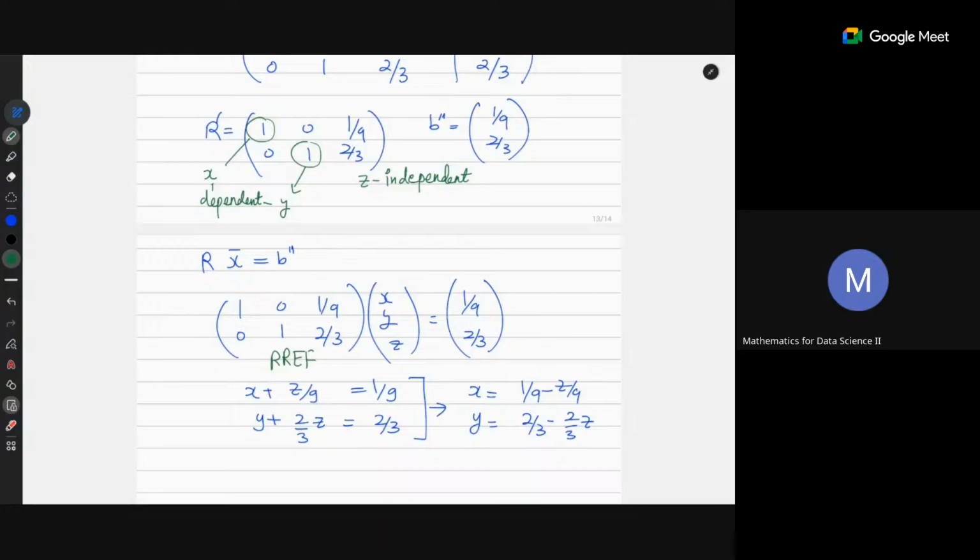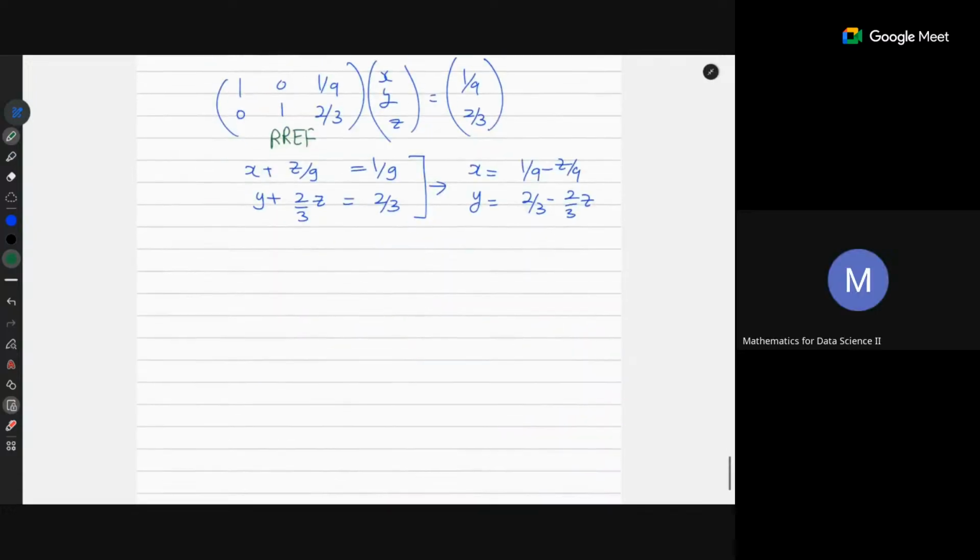So the correct way to say it is, if a column has a leading entry, then the variable corresponding to that column is the dependent variable. So whichever column has a leading entry, the variable corresponding to that will be the dependent.